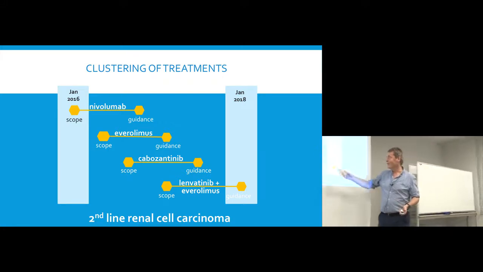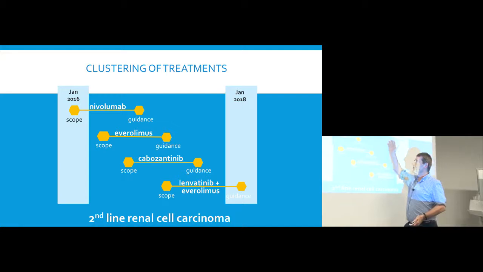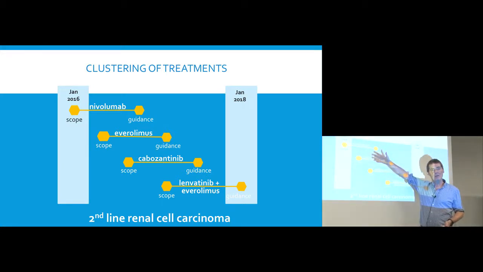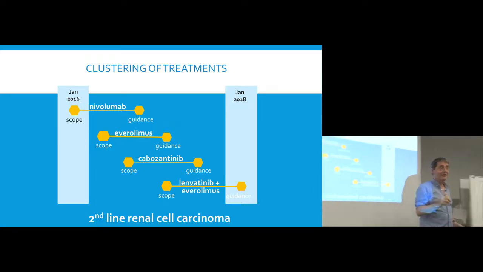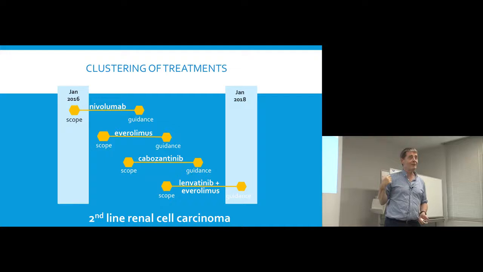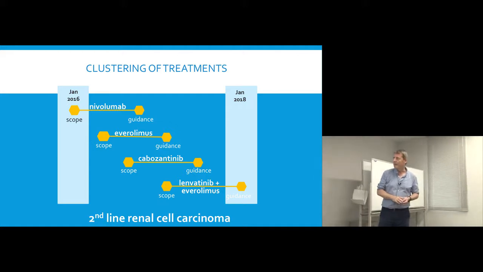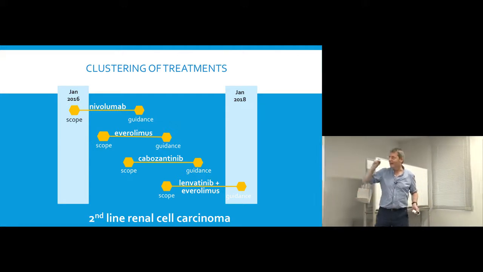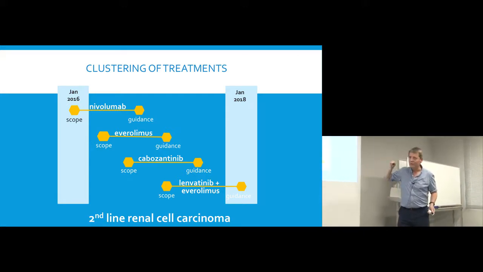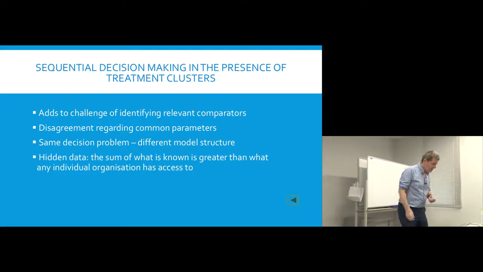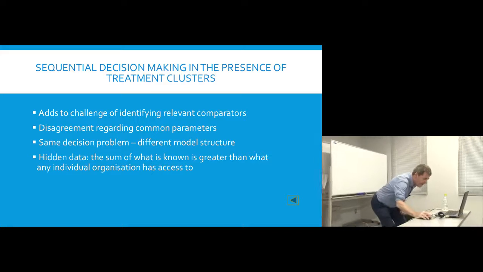Now, of course, if we looked at all these drugs together and pooled all the information, one would anticipate a much better decision as to what is the best way to treat these patients. By best, I mean not just most effective, I mean best value for money. But we don't. We're taking individual sequential decisions and we're not sharing data. So it's a challenge.